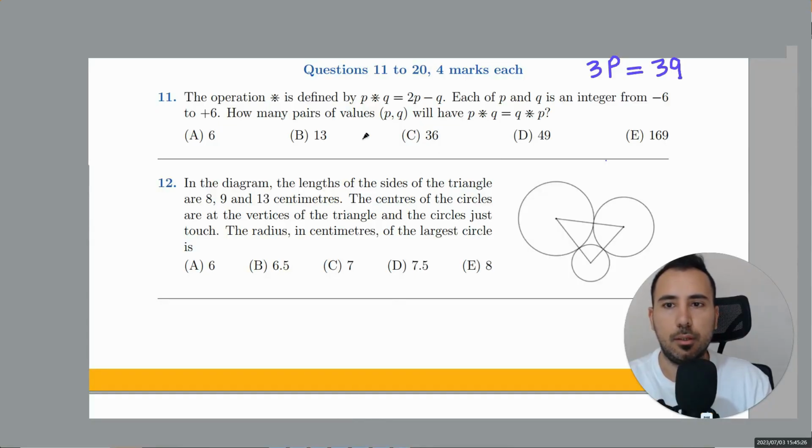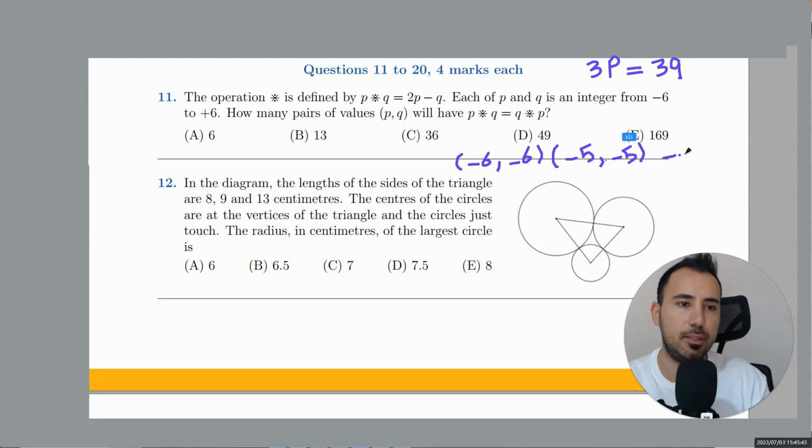So how many pairs of values p and q will have this? Well, it would be -6 and -6, and then -5 and -5.